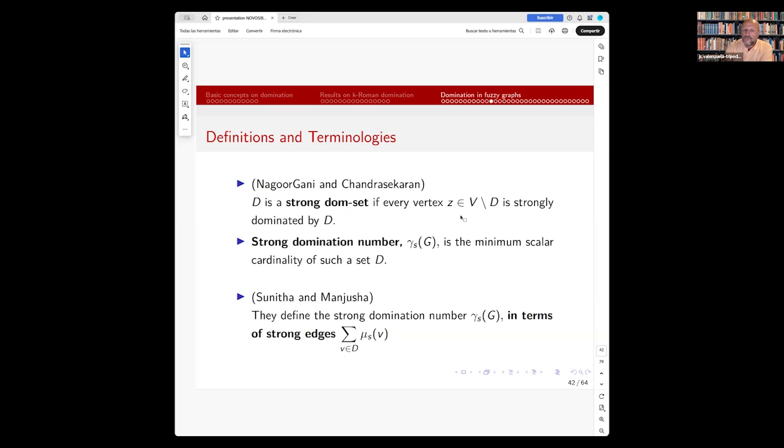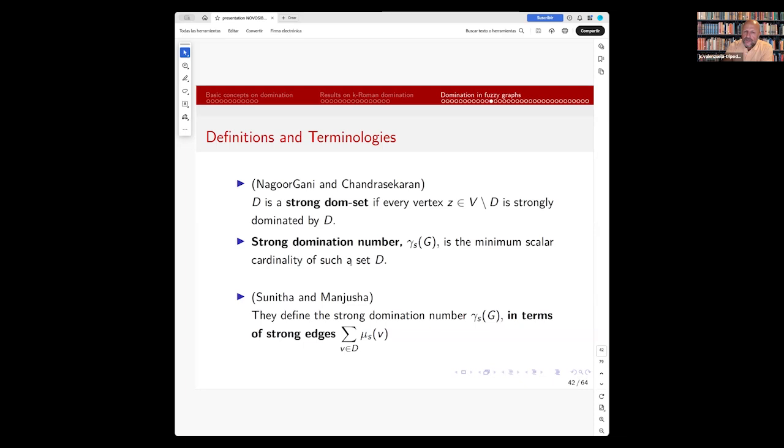This is similar to the concept we define in classical graphs. The strong domination number, of course, is the minimum scalar cardinality of a strong dominating set. We have to keep in mind that the scalar cardinality is not the number of vertices in the set, but the sum of the membership values of these vertices.